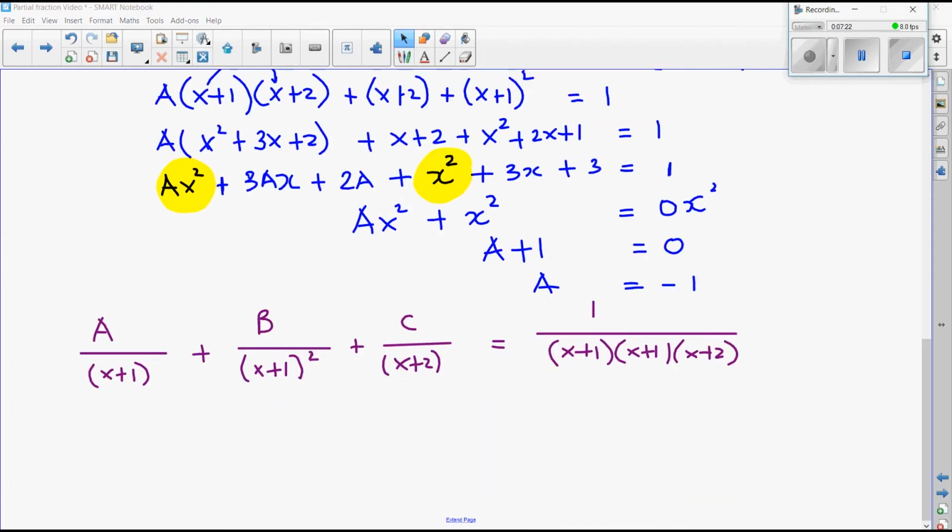Now that I've found all of my values, I substitute them. My fraction will be resolved into the 3 partial fractions, and a is negative 1, so it's going to be negative 1 over x plus 1. The value of b, I found it to be 1 over x plus 1 squared.